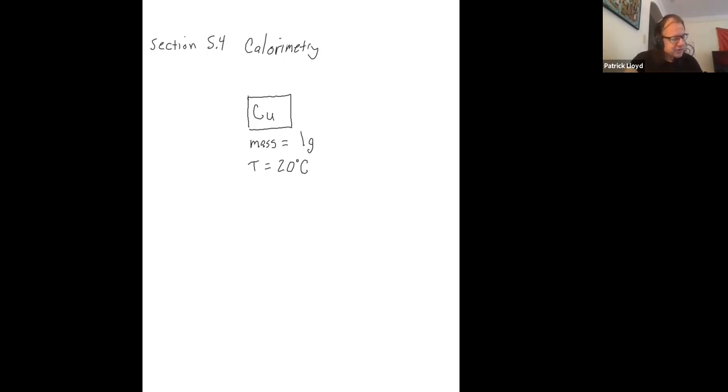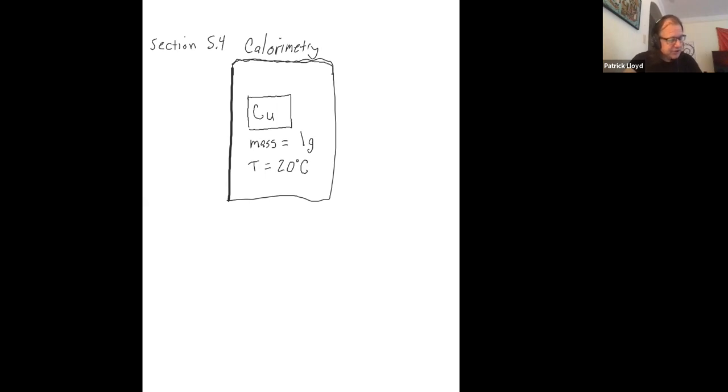So let's imagine we do this. Let's imagine that we've got it in this container, and the container is really nicely controlled in temperature. And what we do is we add some energy. We add energy to the copper in the form of heat.